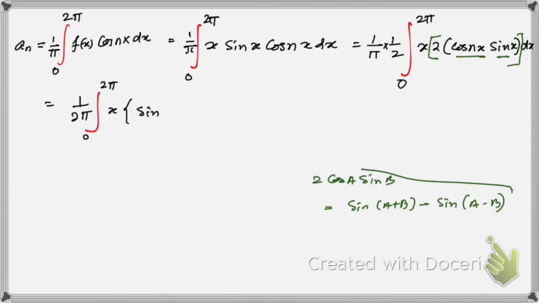Here a is nx and b is x, right? So we're gonna get n plus 1 into x, that means x is taken common, right? So hope you have understood this. Then minus sine a minus b, that is sine n minus 1 into x. That's what we're gonna get now, dx, right?